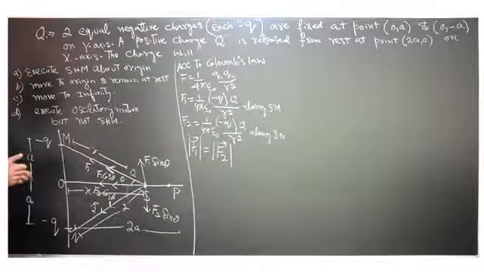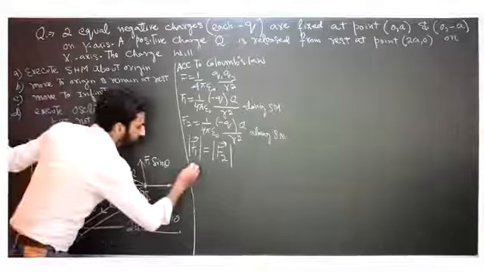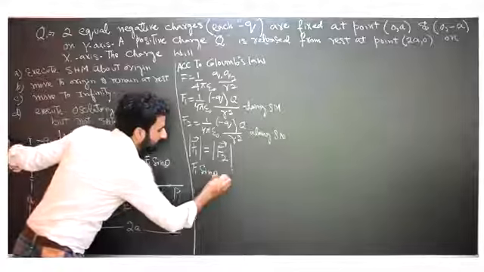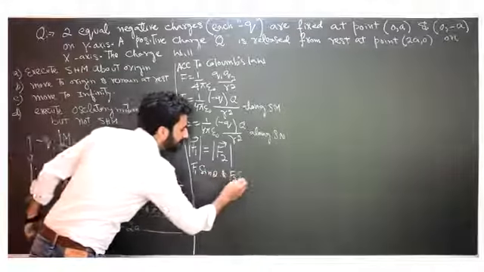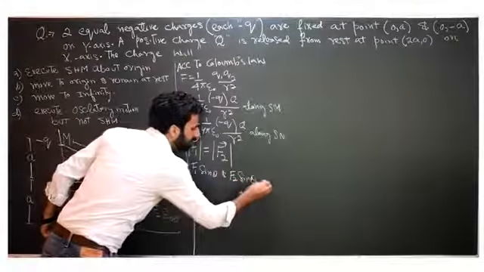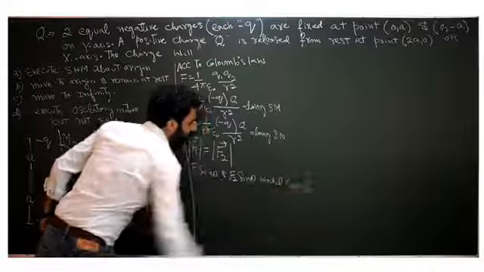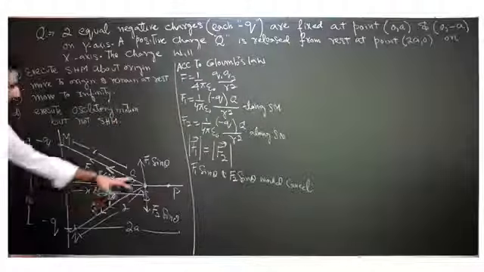So the sine components would cancel, which means F1 sine theta and F2 sine theta will cancel.